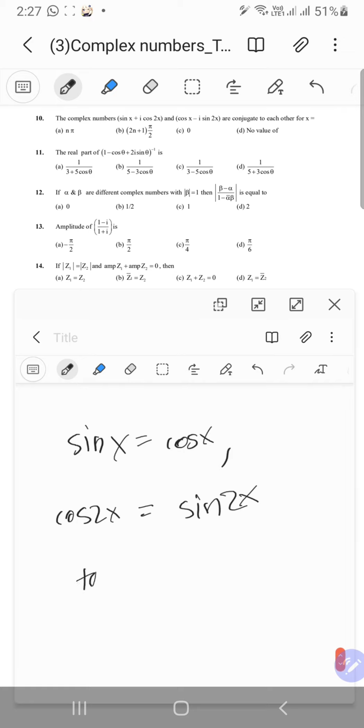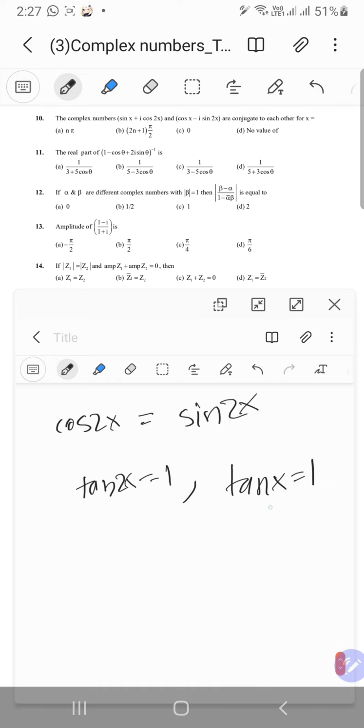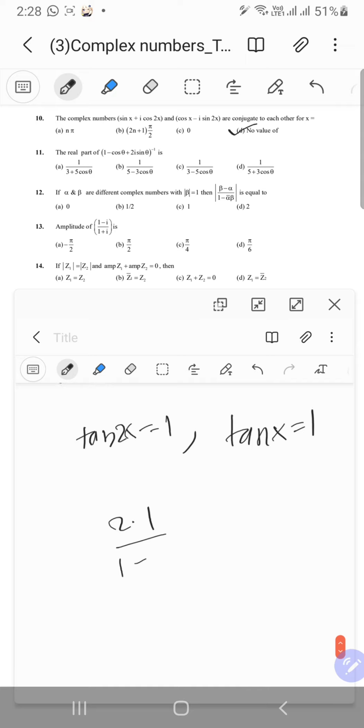So it's just going to be tan 2x equal to 1 and tan x equal to 1 as well. Well, if tan x is 1, tan 2x, which is 2 into 1 upon 1 minus, wait, oh no, that doesn't make sense. tan 2x won't be making sense if tan x is 1, so this cannot be happening. There's no such value that this can be happening though.